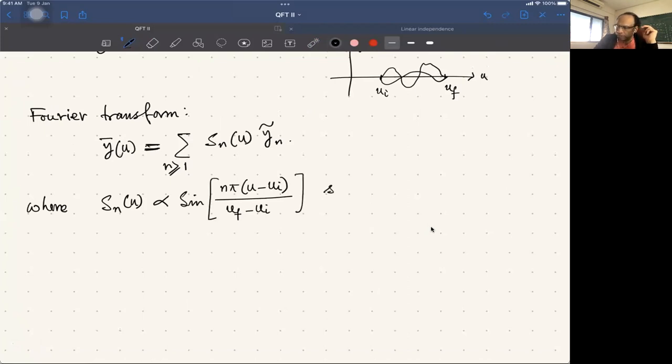And the normalization is fixed by the condition that the integral du from ui to uf of Sn Sm is equal to the Kronecker delta.